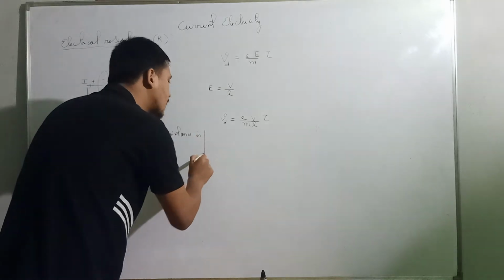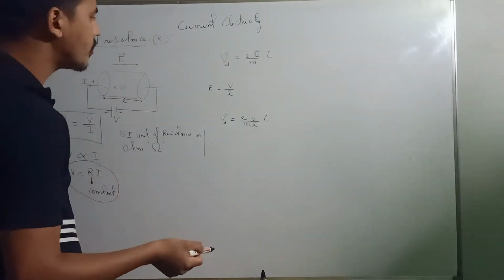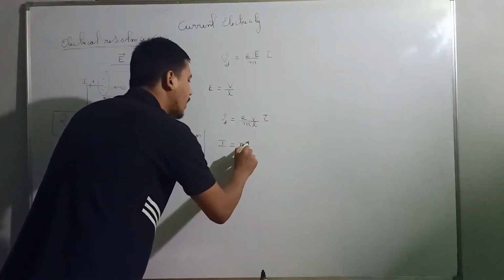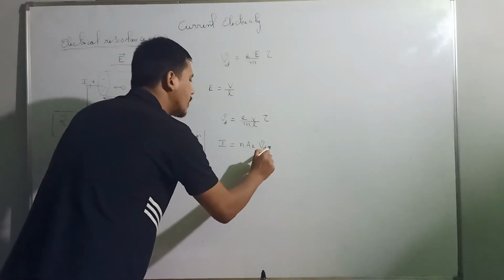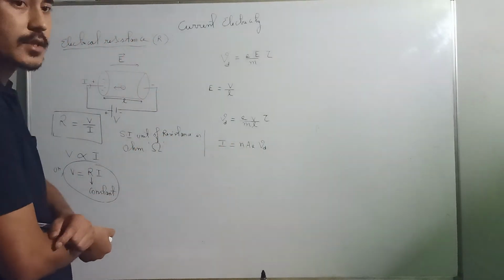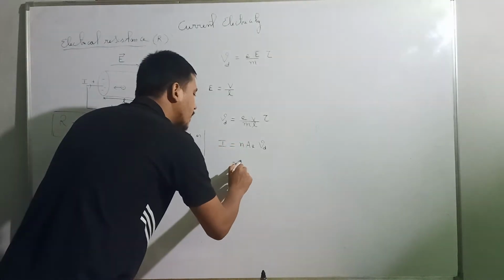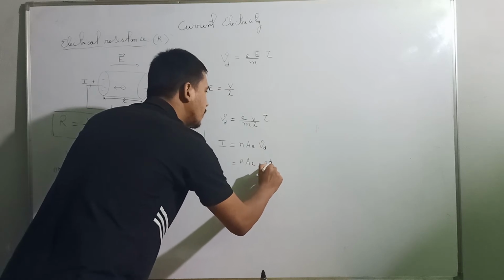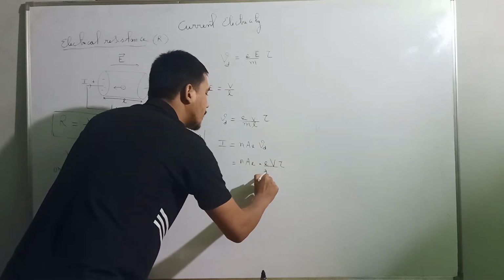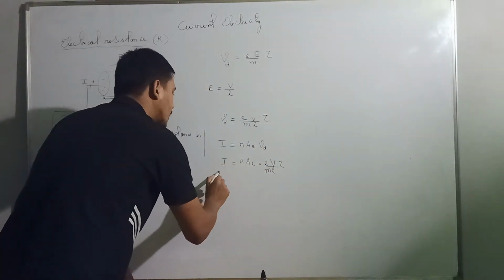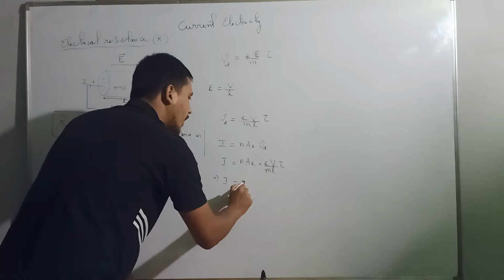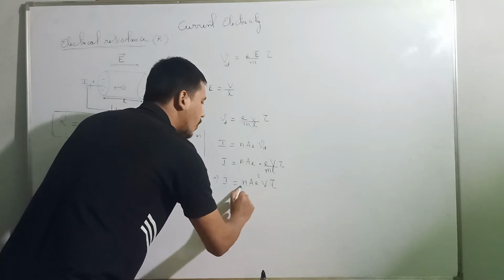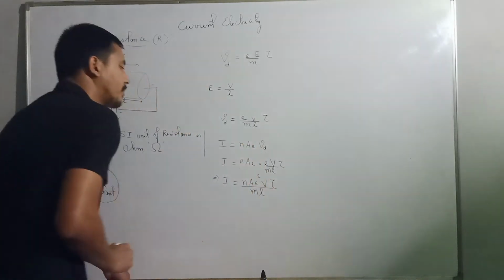We have also studied that the relation between drift velocity and electric current is given by I equals nAe Vd, where Vd is the drift velocity of the electron. Using this relation, with Vd equals eV tau upon mL, I becomes equal to nAe squared V tau upon mL.